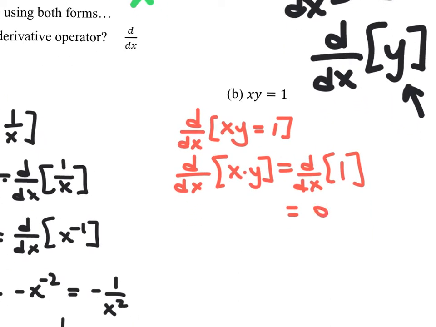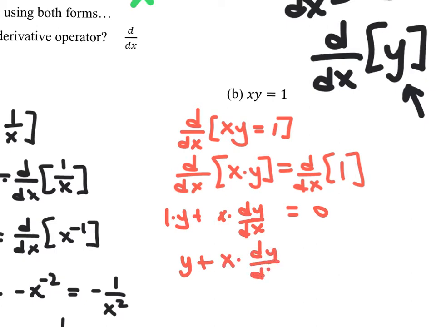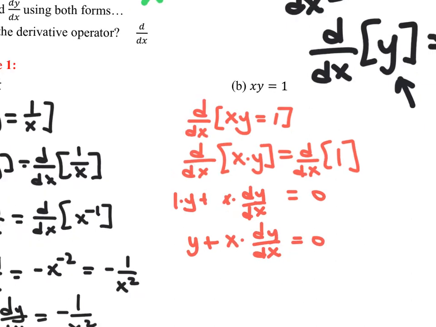If I did the derivative with respect to x of x times y, I would have to do the product rule. So derivative of the first times the second plus the derivative of the second times the first. That'd be x times dy dx. So here we go. We got some work to do. We got y plus x times dy dx equals 0.